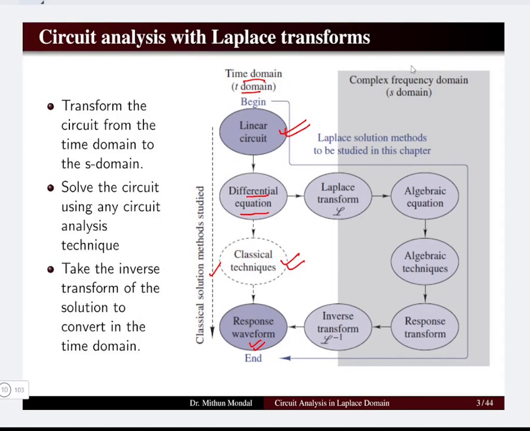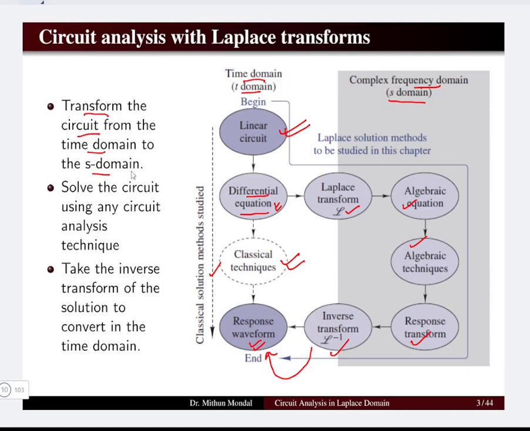However, if we go to the S domain, which is the frequency domain, then the differential equations we have are converted using the Laplace transform, and then we get algebraic equations, and algebraic techniques are used to determine the response. Then through the inverse Laplace transform we can get the response in the time domain. So we transform the circuit from the time domain to the S domain.